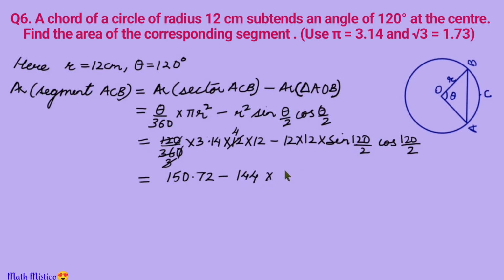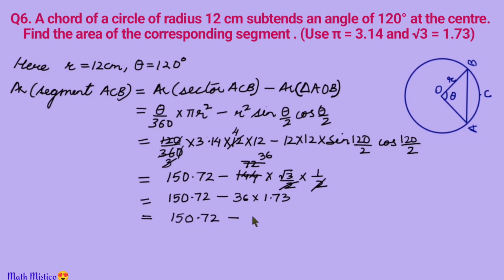Sine 60 degree is root 3 by 2 and cos 60 is 1 by 2. So replacing the value of root 3 in the next step and simplifying further, we get 150.72 minus 62.28, which gives area 88.44 centimeters square.